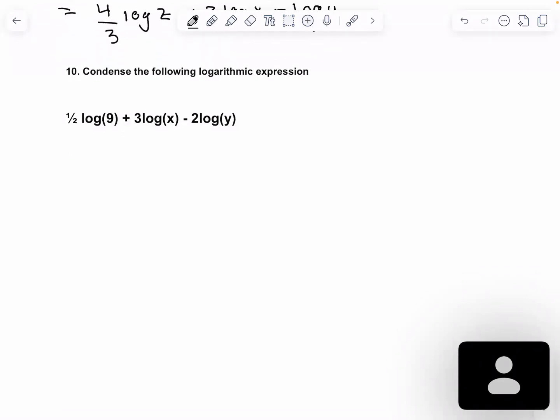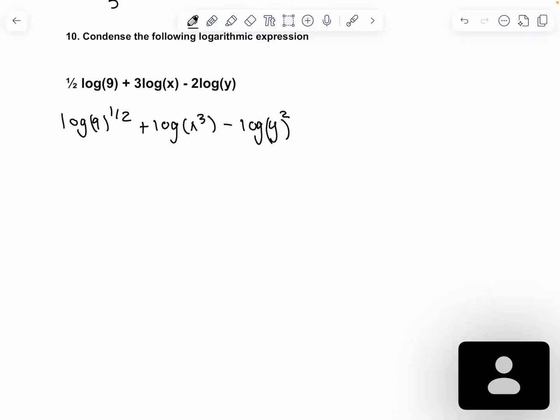Okay, just like I can expand logarithms, I can condense them. So I want to make this into 1 logarithm. So I have a power here. So the first thing I do is let's bring that power back up here, because now we're going in reverse. And let's bring this power back up here. And let's bring this power back up here. Okay, and then I have plus, right? So 9 to the 1/2 is the square root of 9.